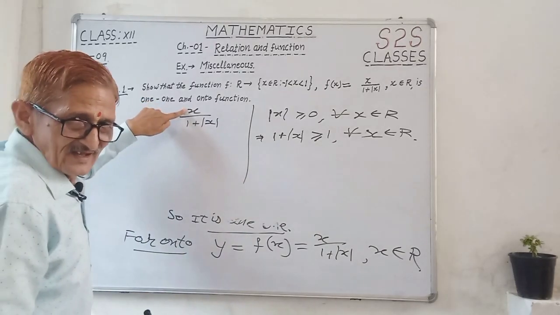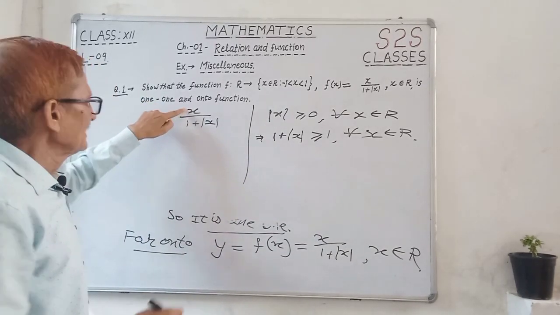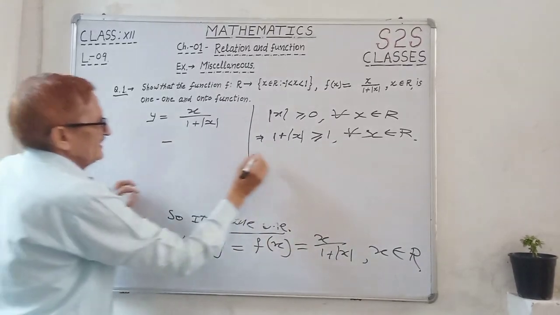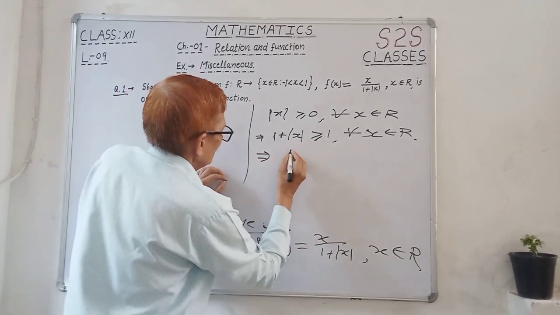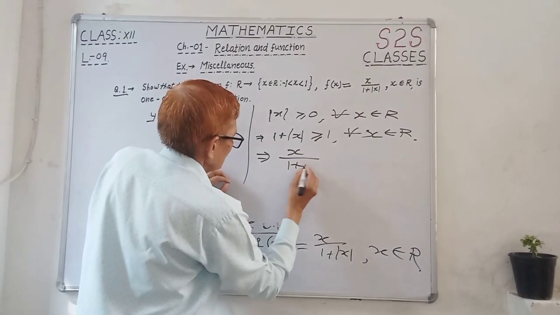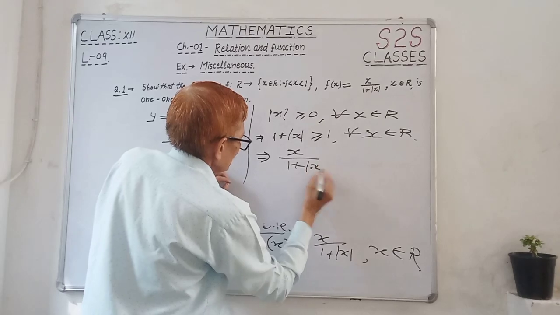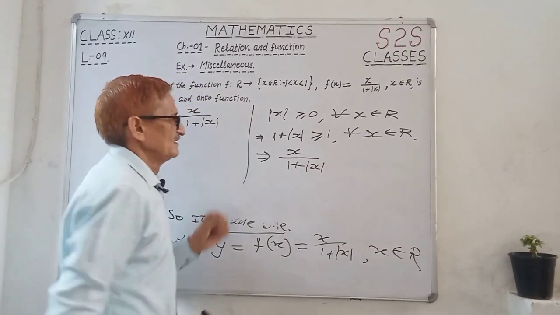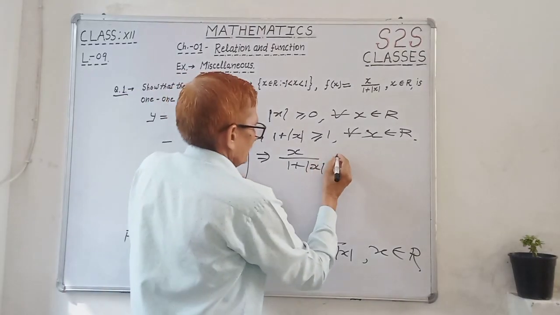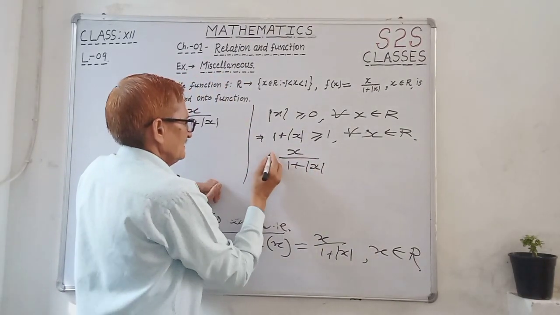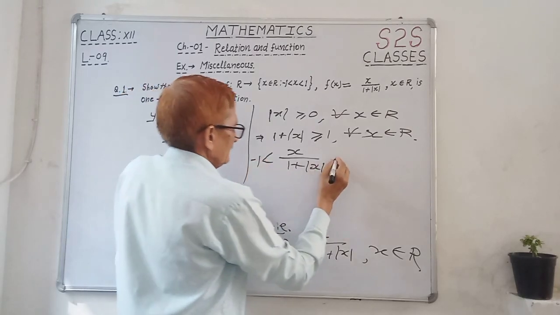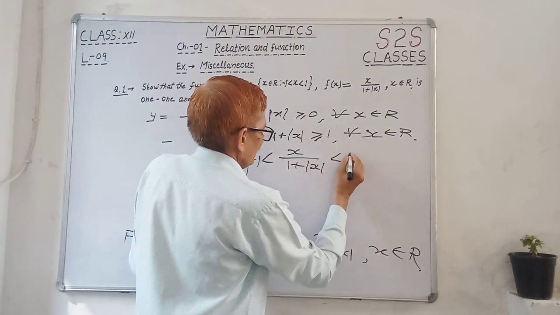So it is clear that if we take the value of x upon 1 plus mod x, this value will always be greater than minus 1 and less than 1.